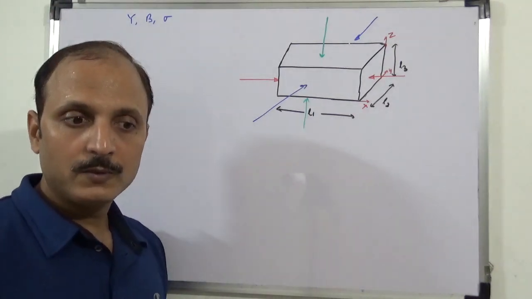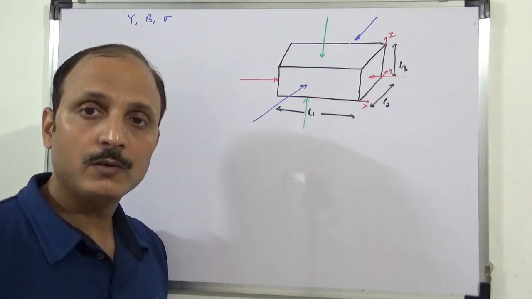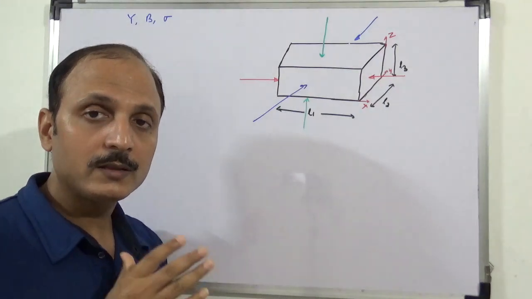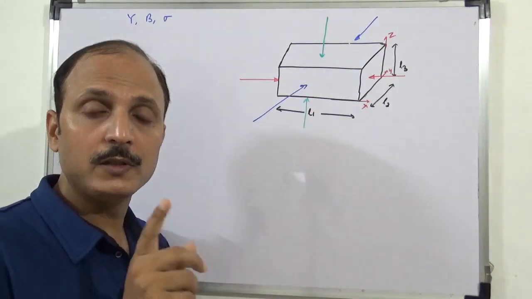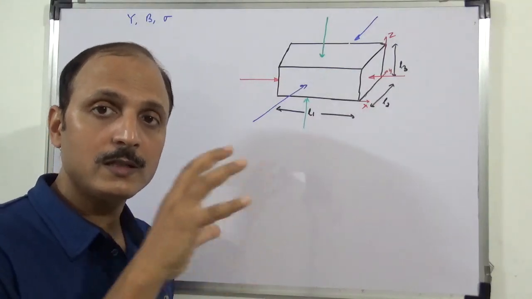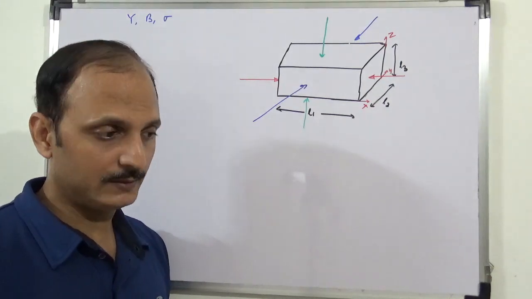Poisson's ratio comes when there is a lateral change in the dimension with respect to the longitudinal change. If you remember, Young's modulus comes for a longitudinal change in dimension, and bulk modulus comes for the overall change in the dimension of the object. So we have to correlate this.